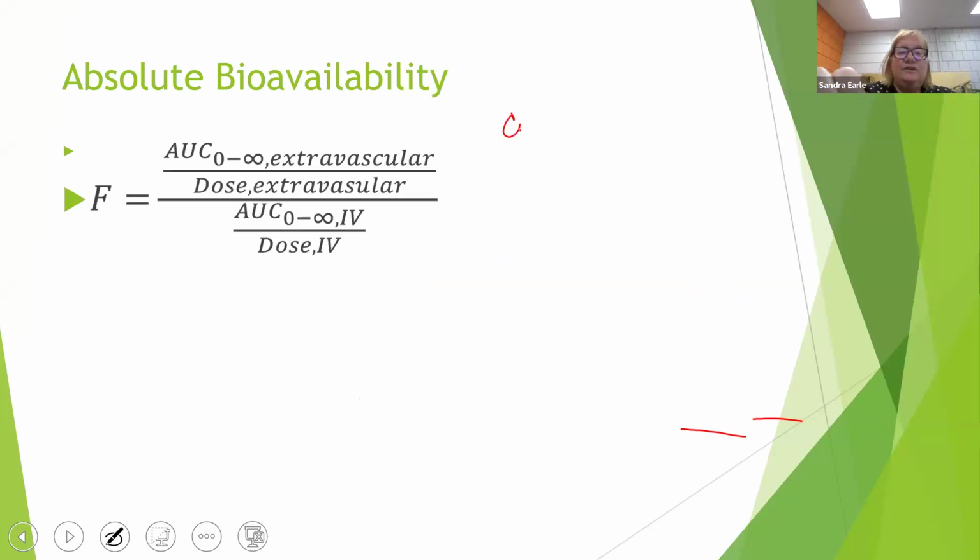Absolute bioavailability is when you compare a different route of administration to another. So two different formulations, two different forms, so you're comparing them. Absolute is when you compare it to the IV.